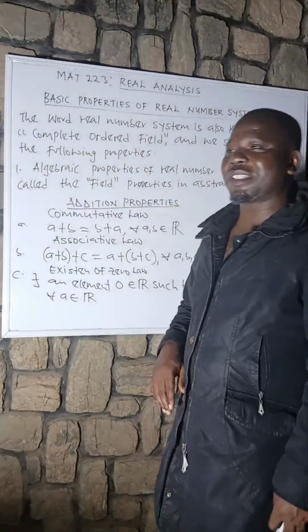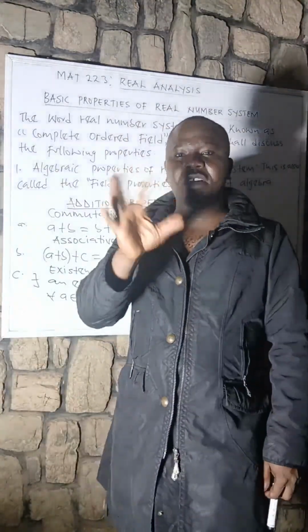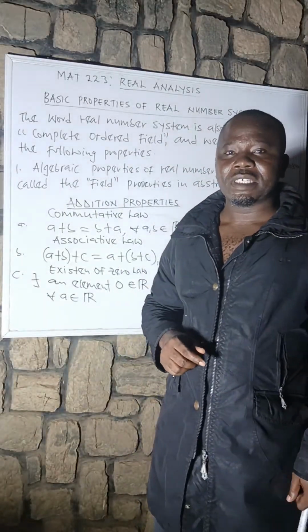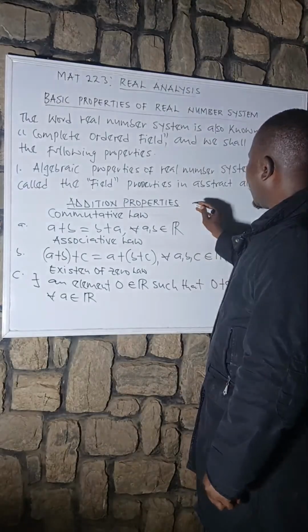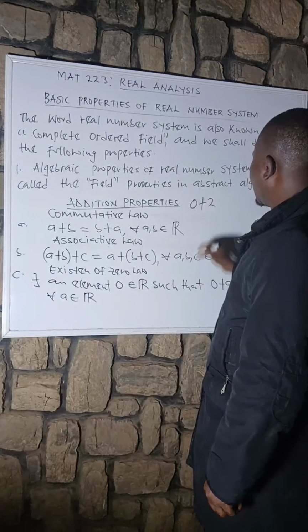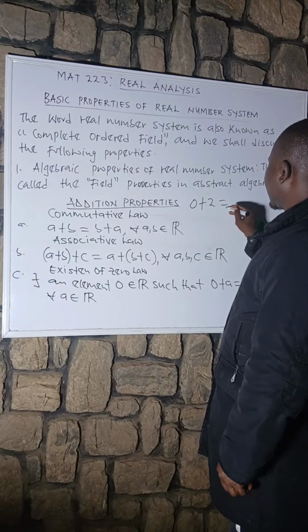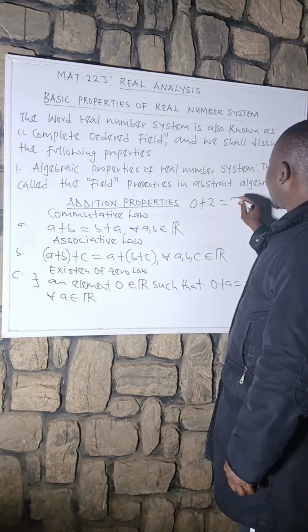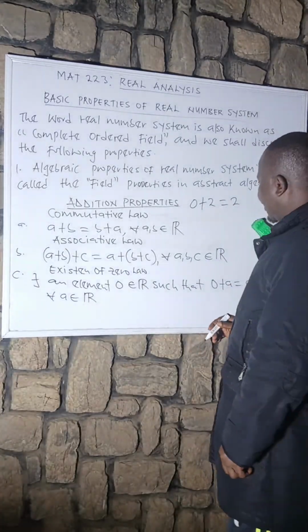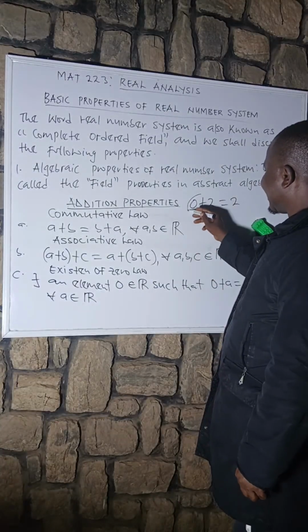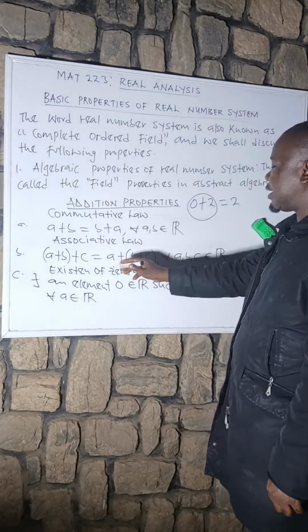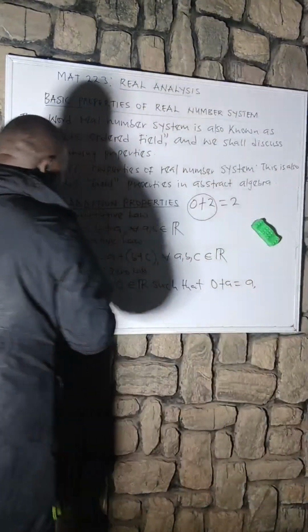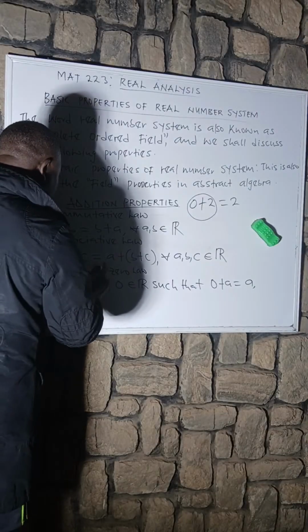Sometimes we play with numbers, as in, we want to say 0 plus 2. This is equal to 2. So this is the existence of zero law.